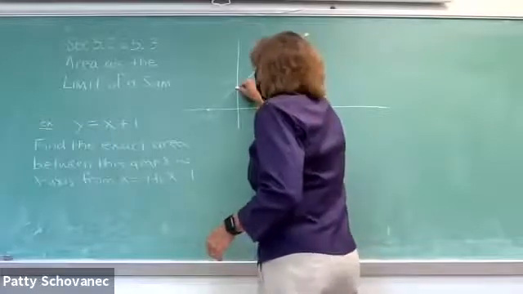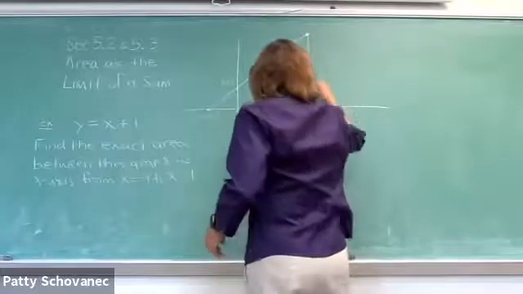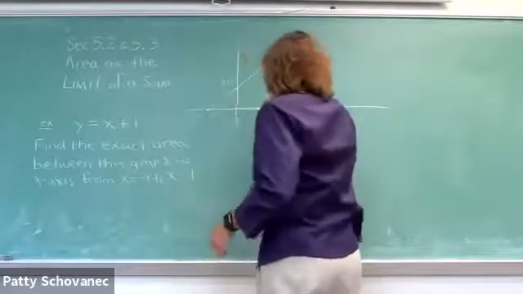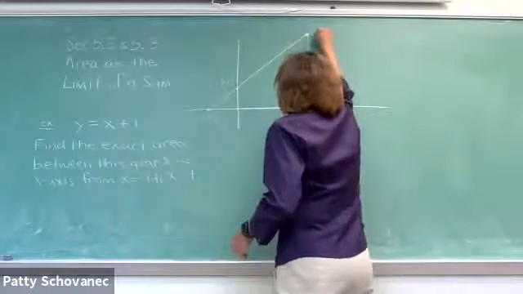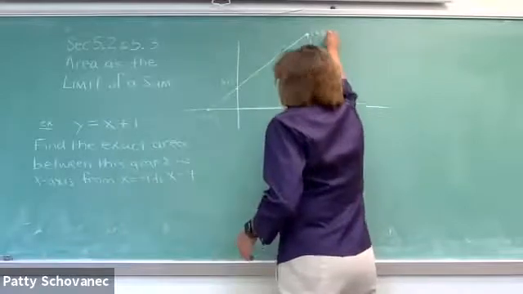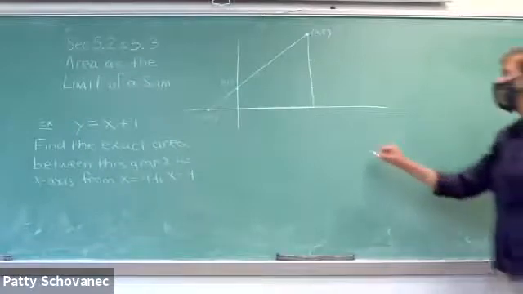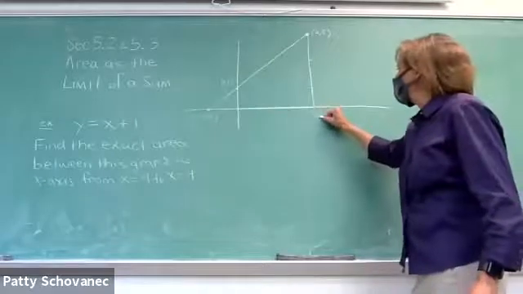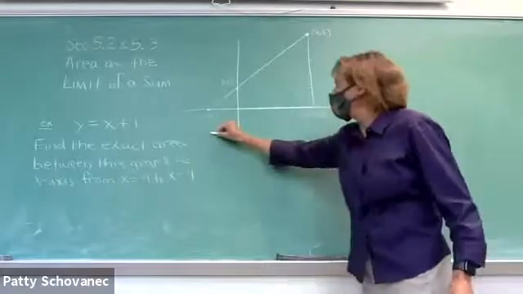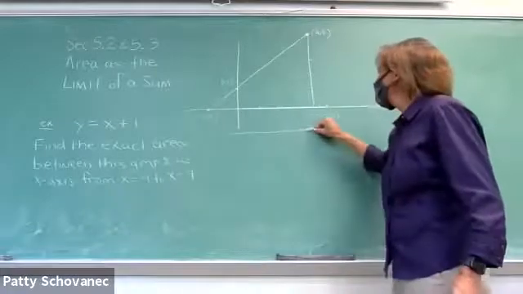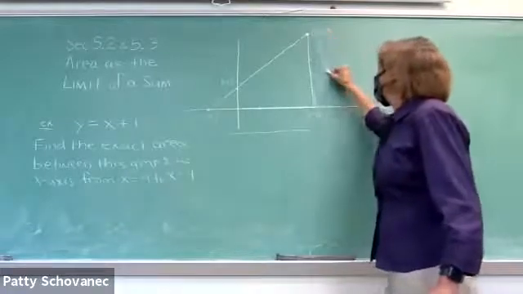This makes a triangle. So we don't need any calculus. You can find the area of that triangle using your geometry. Area is 1/2 base times height. So let's see, this is the point 4, 0. I need you to figure out how long this is and how tall that is.